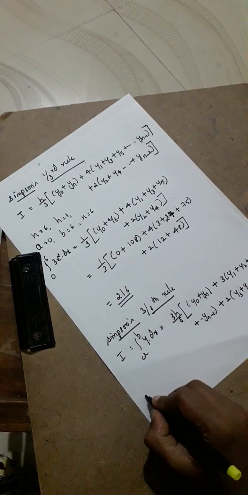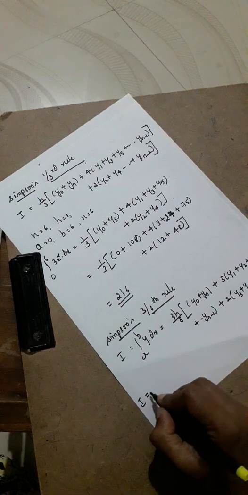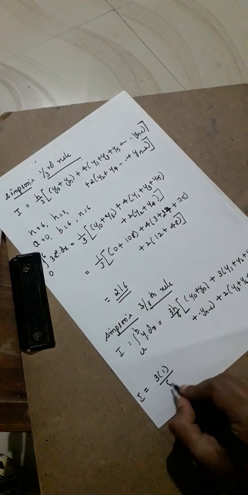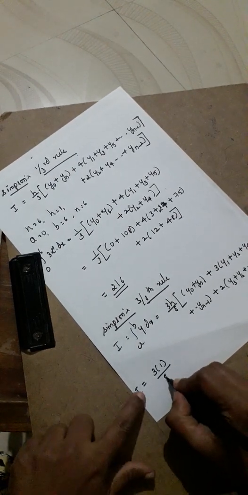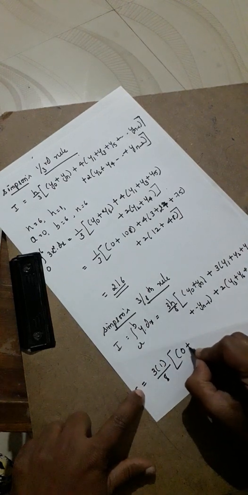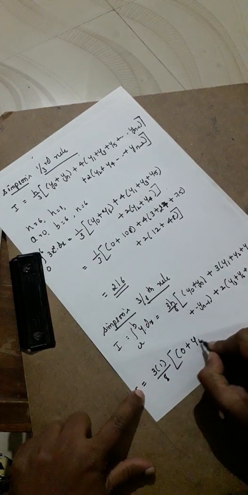Now, what is the integration? I is equal to 3h by 8, where h is 1. Next, y0. What is y0 here? 0 plus yn, so we write y6.